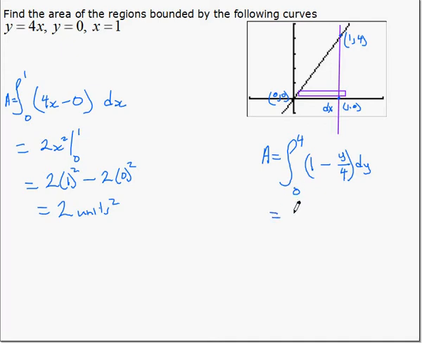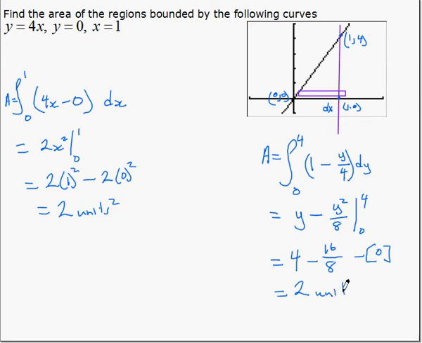Integrating gives us y minus y squared over 8, evaluated from 0 to 4, which gives us 4 minus 16 over 8 minus 0, because when we plug in 0, everything is 0. 4 minus 16 over 8 is 2. 4 minus 2 is 2 units squared. So the result is the same.